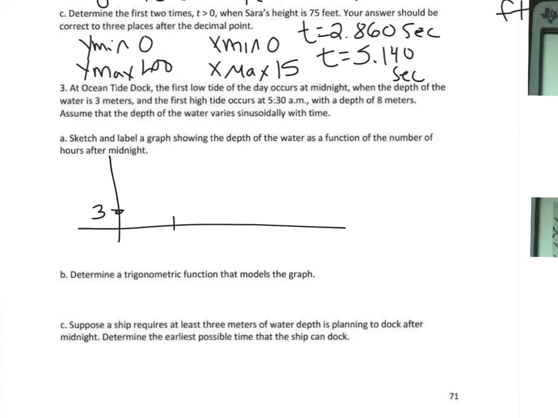High tide, 8 meters at 5:30 a.m., is like 5.5 hours past midnight. So then low tide is going to happen 5.5 hours later. So 5.5 plus 5.5 is 11 hours to get back at low tide.